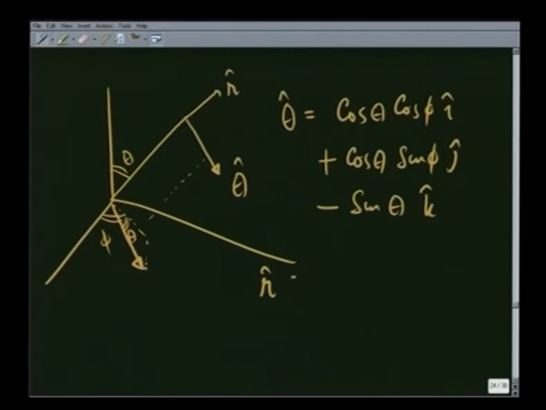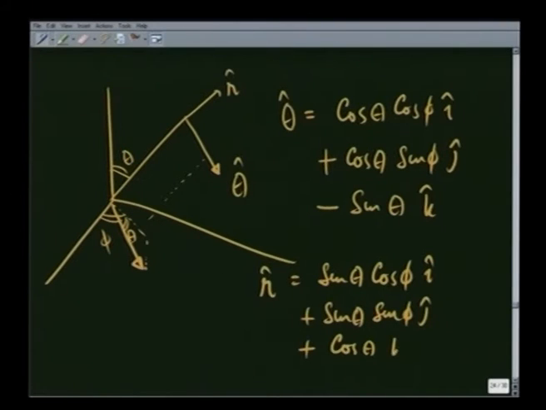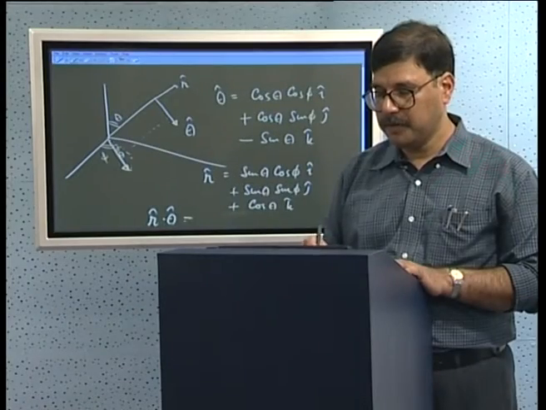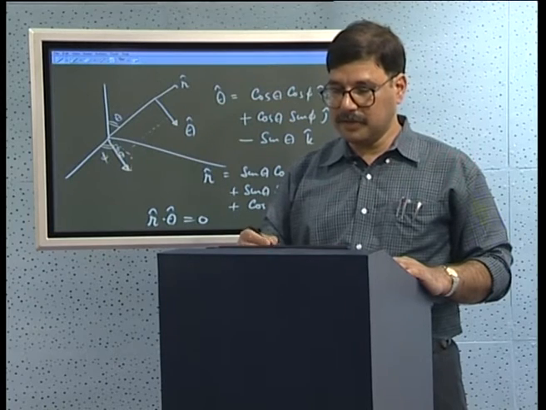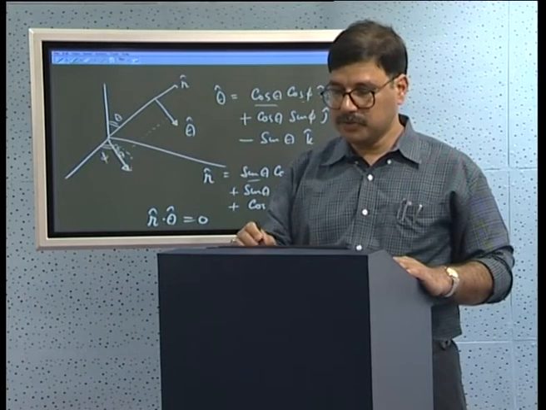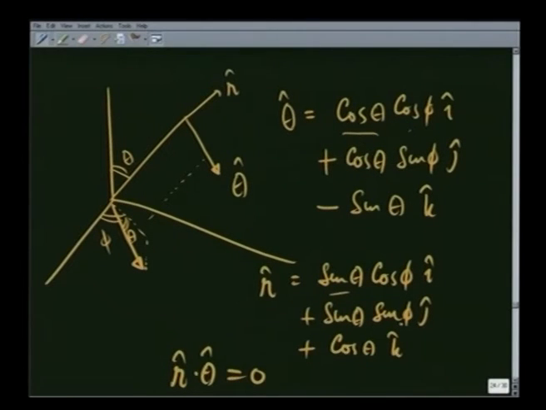Recall that r was sine of theta cosine phi i plus sine theta sine of phi j plus cosine of theta k. You can see right away that r dot theta is equal to 0. These two together give you cosine theta times sine theta cosine square phi plus cosine theta sine square phi, minus these two give you minus sine theta cosine theta, giving you this.